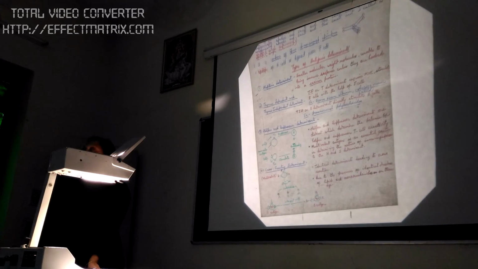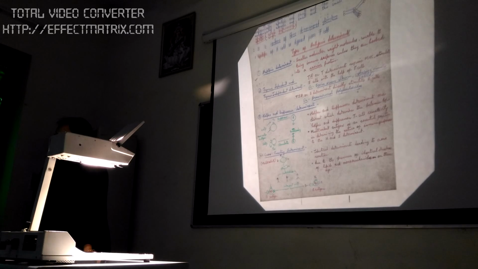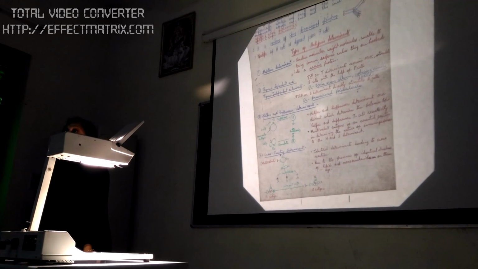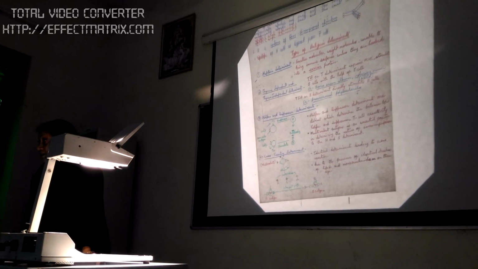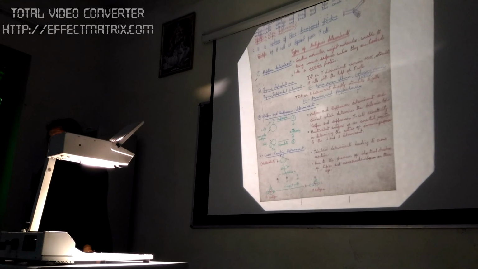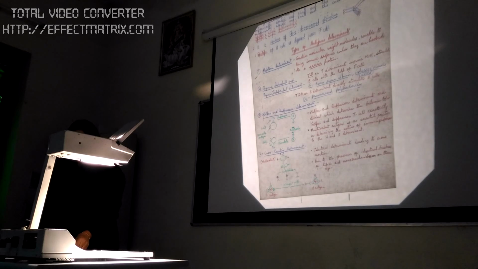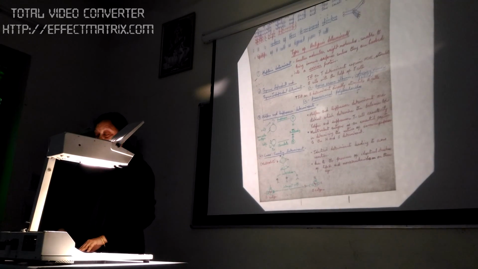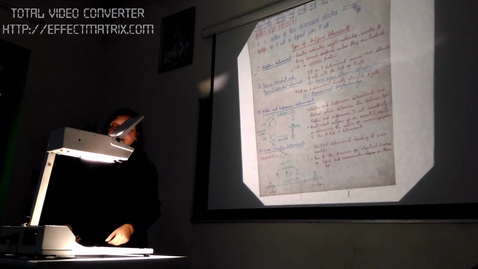Now, what are the basis of specificity of antigen? This antigen must have some specificity. It must have some basis for specificity, like affinity, like avidity. What is affinity? These are factors which are responsible for antigen-antibody interaction. Okay. What is affinity?